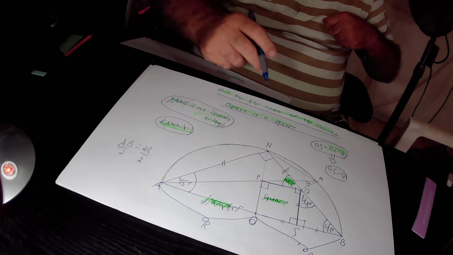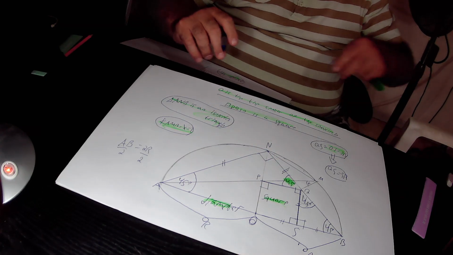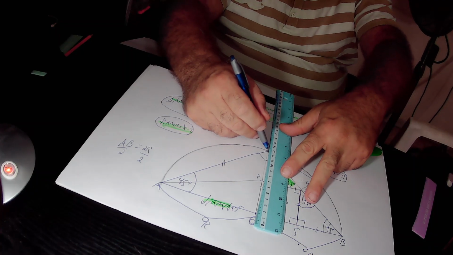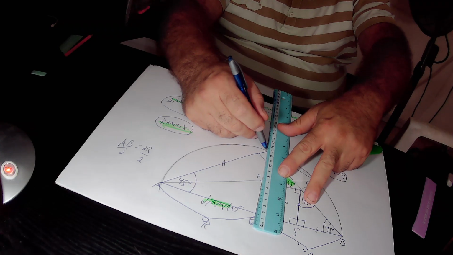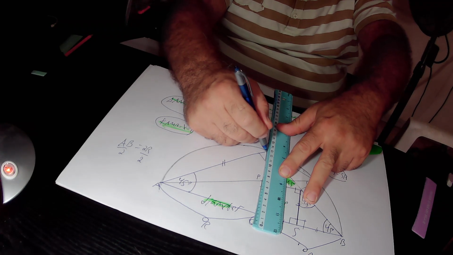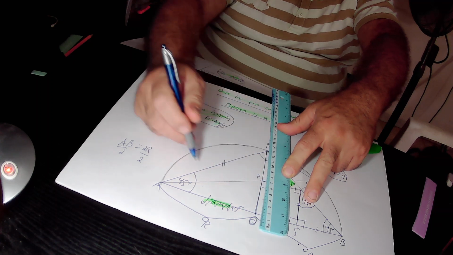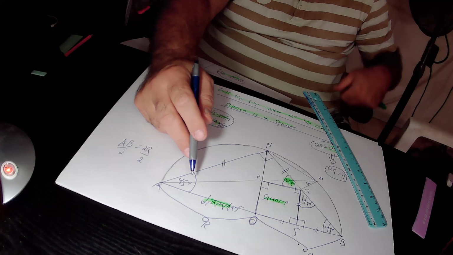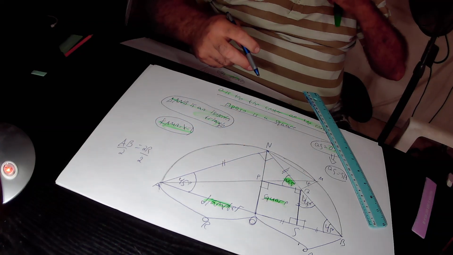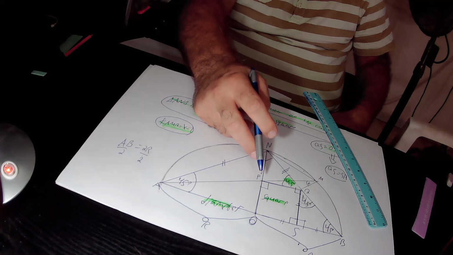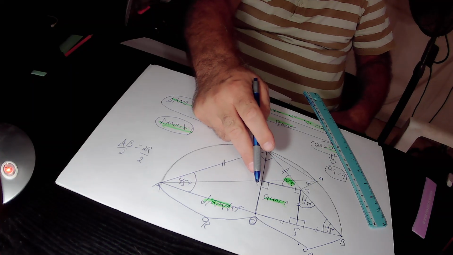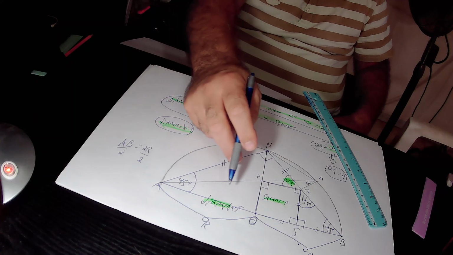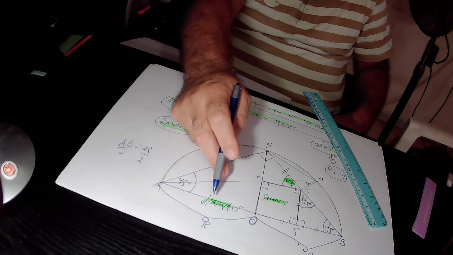Okay, so we draw the perpendicular from point N to the base AB, and because the base AB has been bisected into two halves, each half equals R, that is the radius of the circle. The midpoint of the diameter AB is the center of the semicircle, that is point O. So the first half AO is the radius of this semicircle.